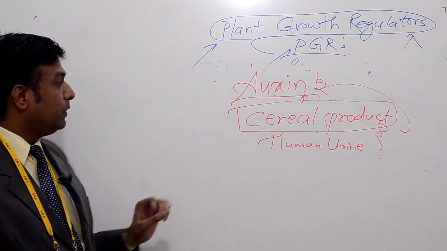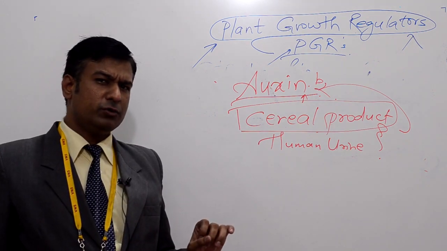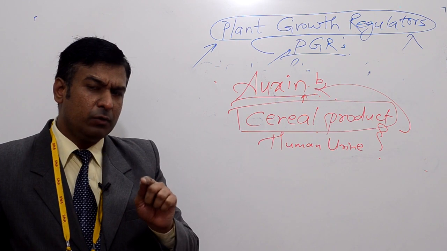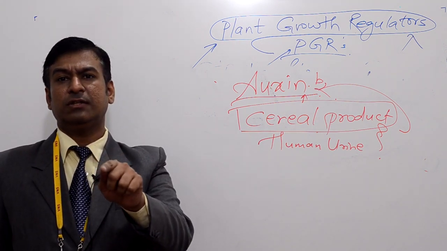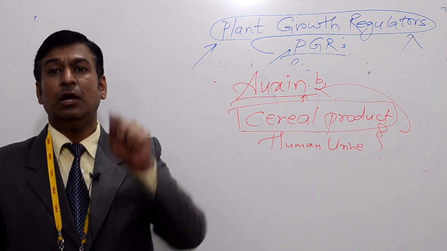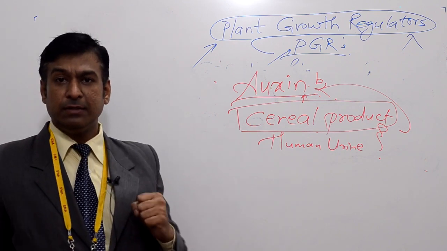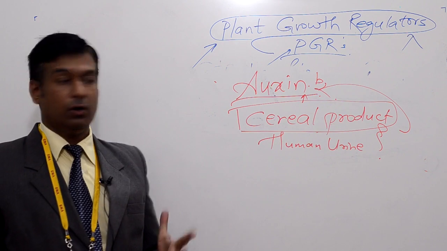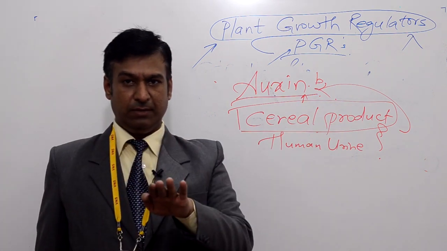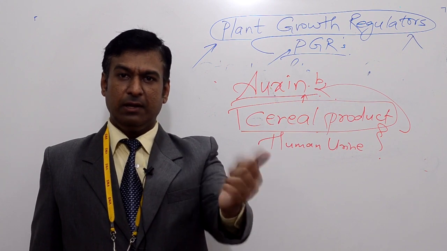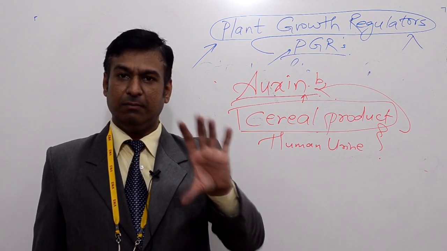So what they did, when they wanted to study which type of activity this compound is showing: Is this compound showing root elongation? Is this compound root promoting, or is it a root inducer or shoot inducer or flower inducer? Just do the same thing. Take a compound and give a certain dose in that media.